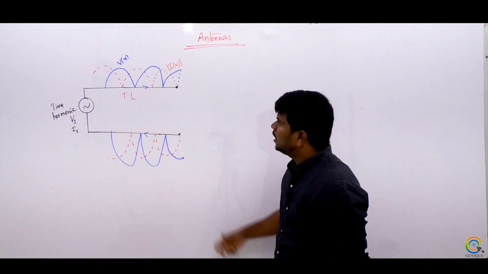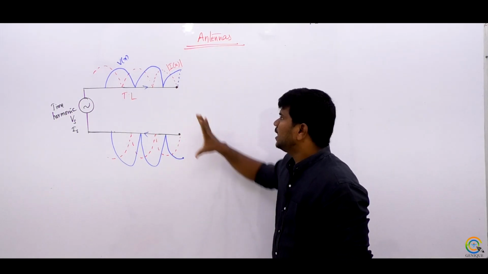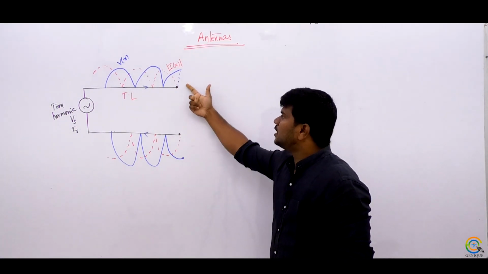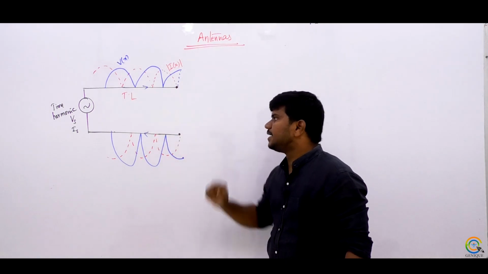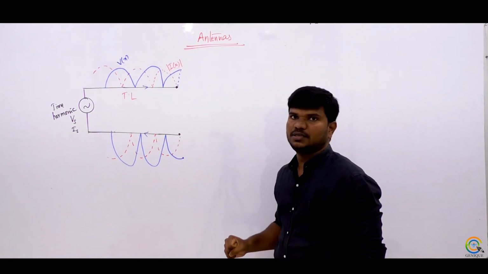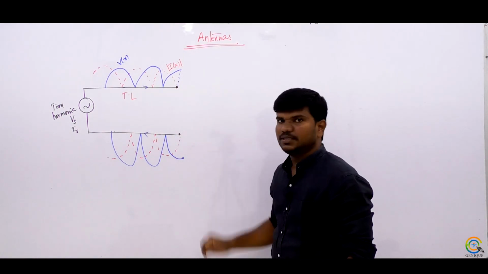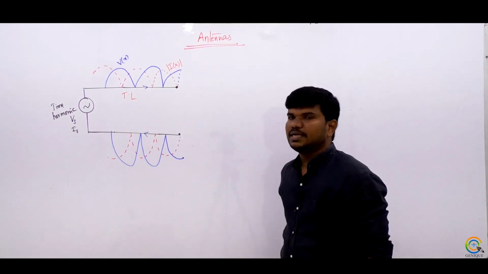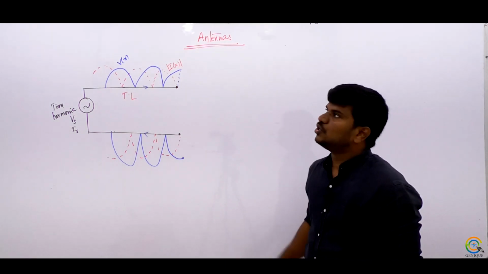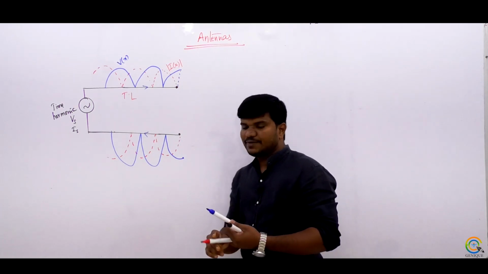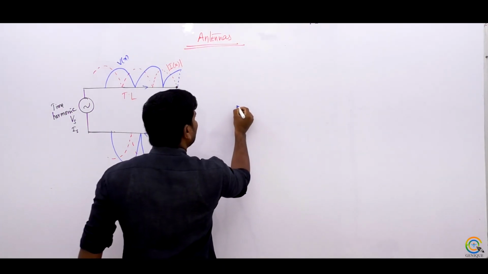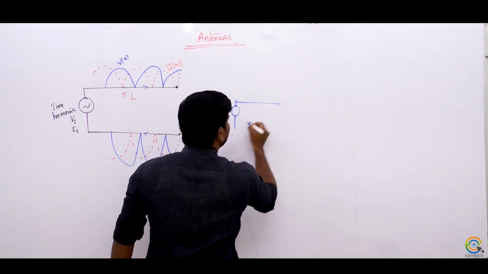But because these two lines are near to each other, the fields produced by this line and this line may get cancelled. So to avoid this cancellation, I have to make a small arrangement like this.